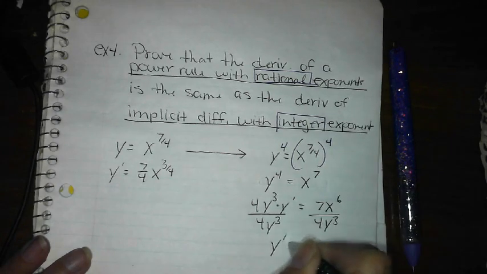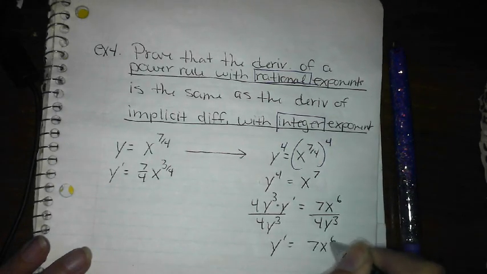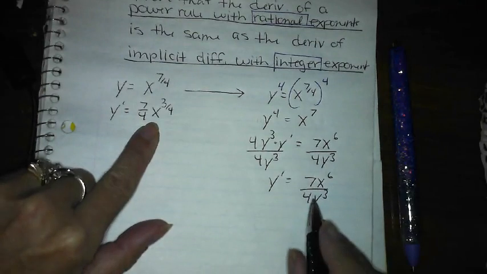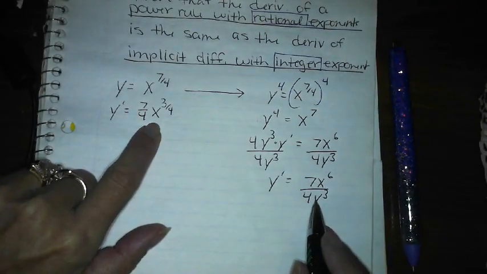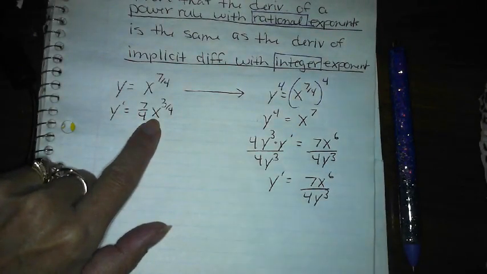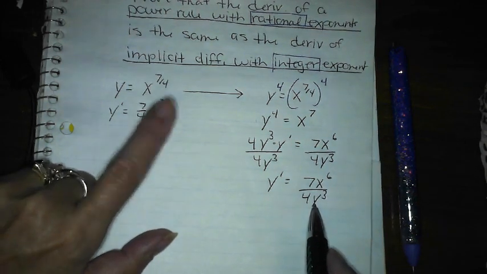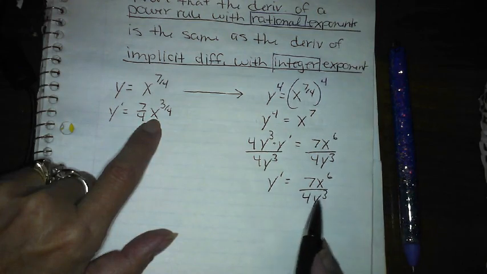So y prime equals 7x to the 6th over 4y cubed. Looking back, ooh, not the same. Well, we're not done. The reason they don't look the same, this is what I did yesterday, is because this one is in terms of x and y, and this one's only in terms of x. So I want to get this one just in terms of x.